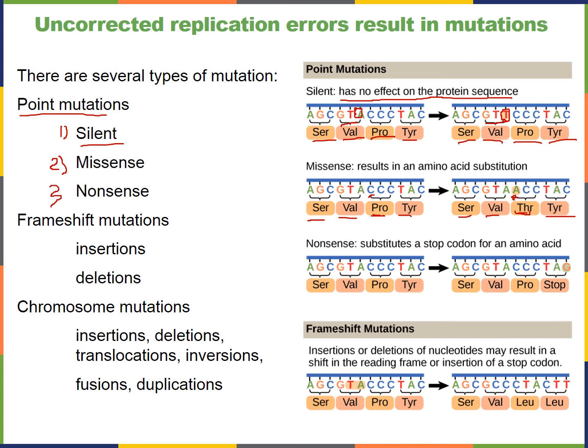And the third type of point mutation is known as a nonsense mutation. Nonsense mutations substitute a stop codon for an amino acid. So we see this G right here replace this C here. And there are several stop codons I need you to be aware of. I always remember it using this little mnemonic. UAA, UGA, and UAG.